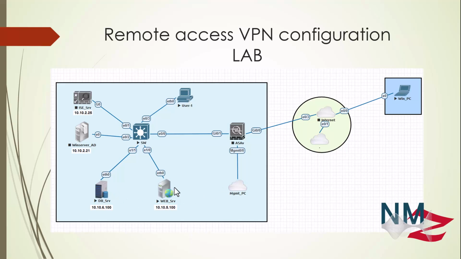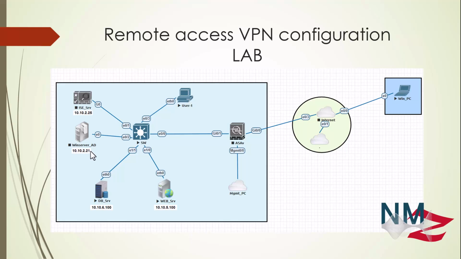These two servers are not real servers, they are just virtual PCs that I dropped here and changed the icon to show you an example of different servers that we may have inside the organization. This is the ISE server, and I believe it's version 2.4 something, and I will check it later.